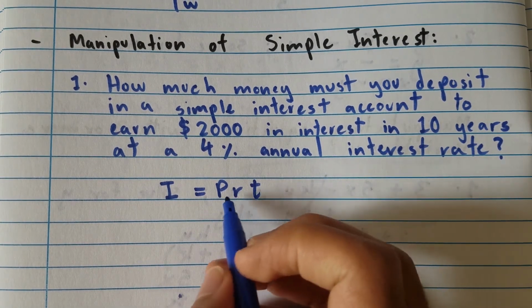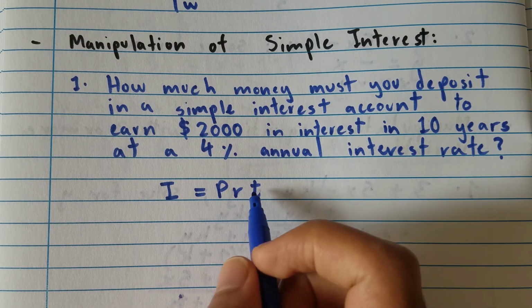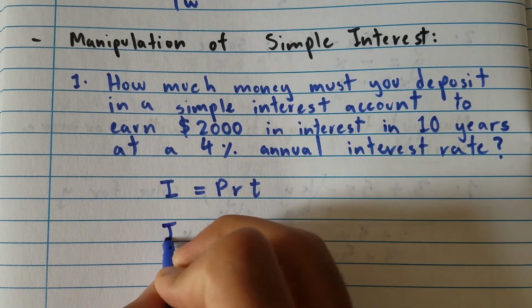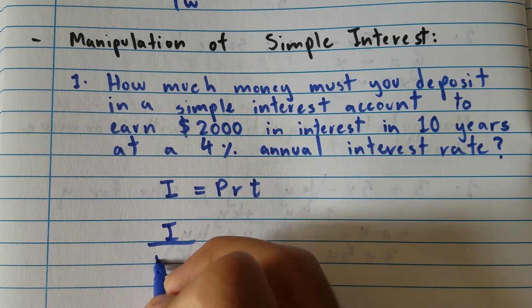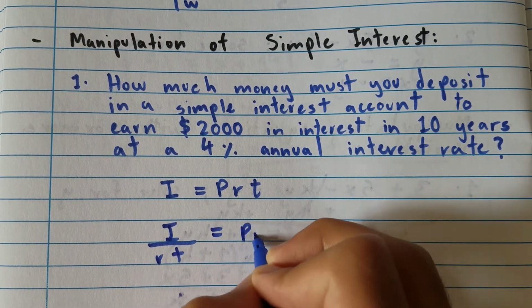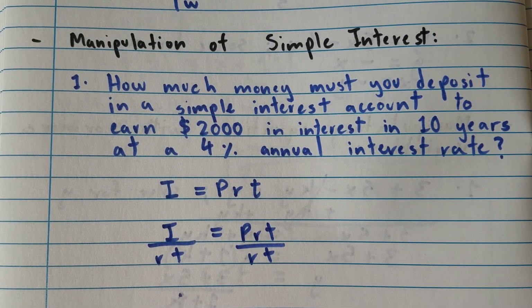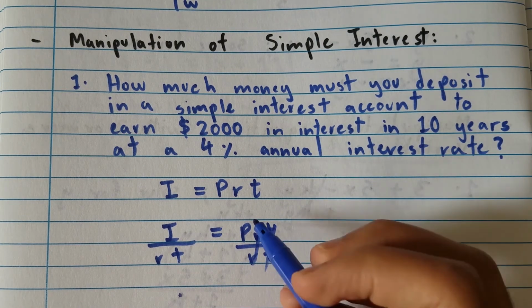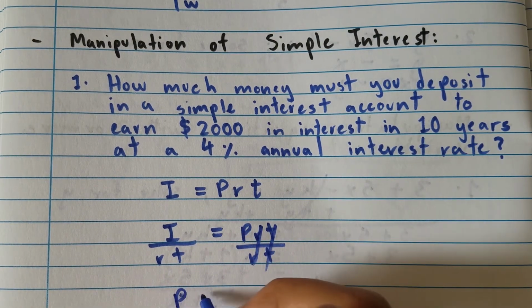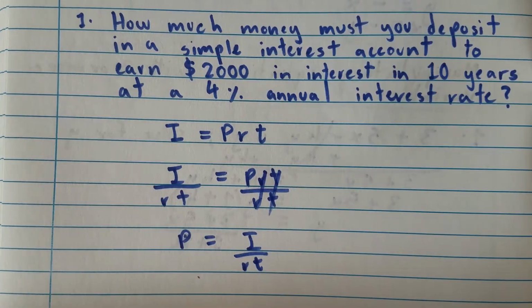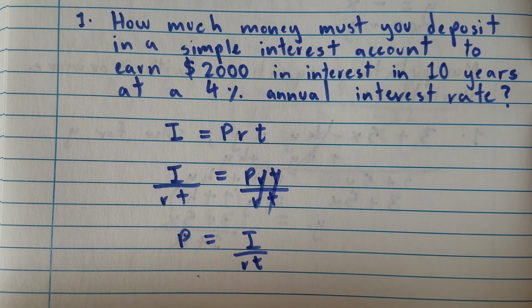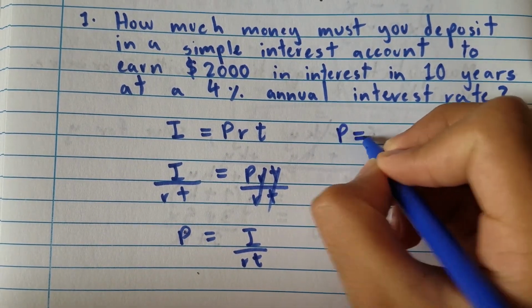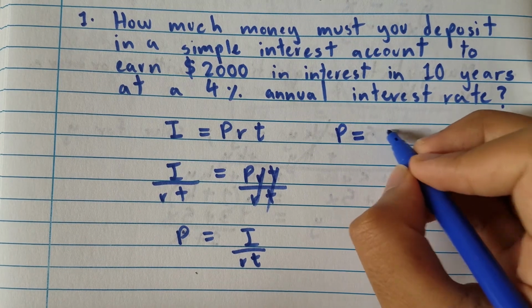So I see that I can solve for the P here by dividing each side of the equation by RT. So by doing so, we get I over RT equals PRT over RT. And then the RTs cancel out and we're left with P equals I over RT. And now I can just plug in the values. So to find the principal amount, we know that the interest is 2,000.